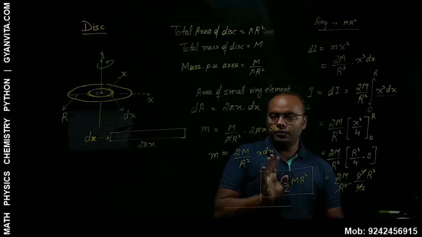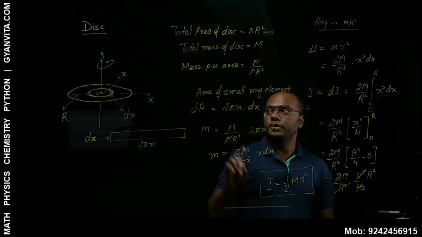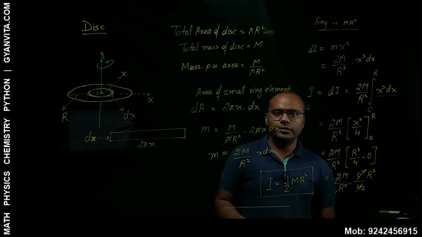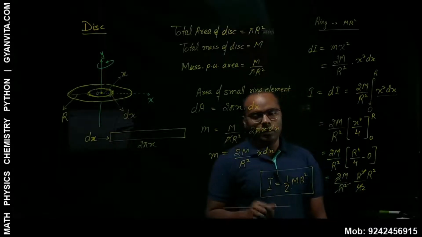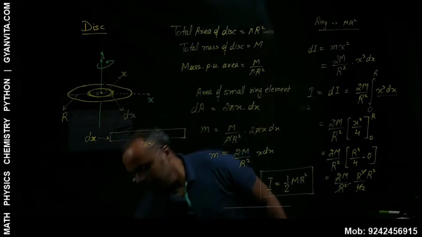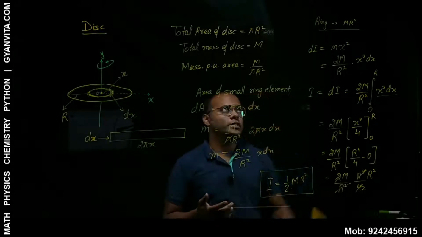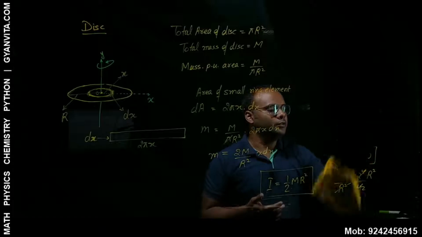Now we have to find the moment of inertia of the same object, but about different axes. So now we'll change the axis and see how to find the moment of inertia about different axes. For that we'll have to apply other theorems, just like we did in the case of the ring.